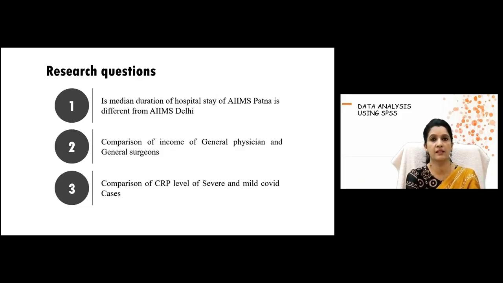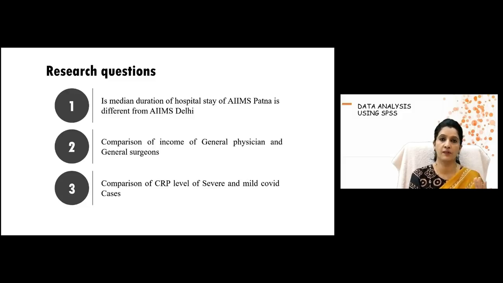So this is again an example of a research question. By just seeing the variable, you can have a rough guess that these should not be compared by mean because they will not be normally distributed. And again, the CRP level, if you are comparing the CRP level of severe and mild COVID, definitely it is not going to follow the normal distribution across the two categories because it varies widely. But we cannot say by just seeing the research question.